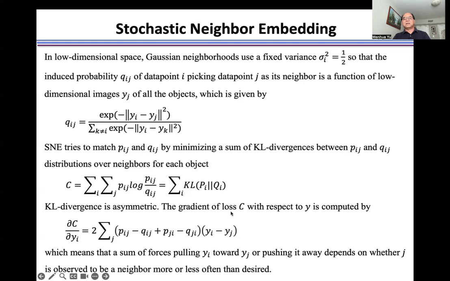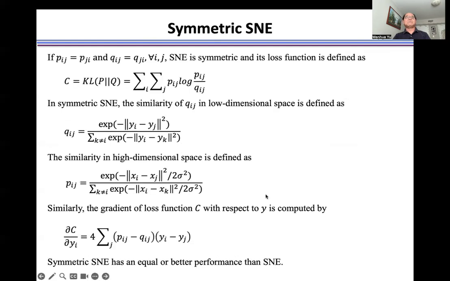The gradient of the loss C with respect to Y is computed by this formulation, which means that a sum of forces pulling yi toward yj or pushing it away depends on whether j is observed to be a neighbor more or less often than desired.